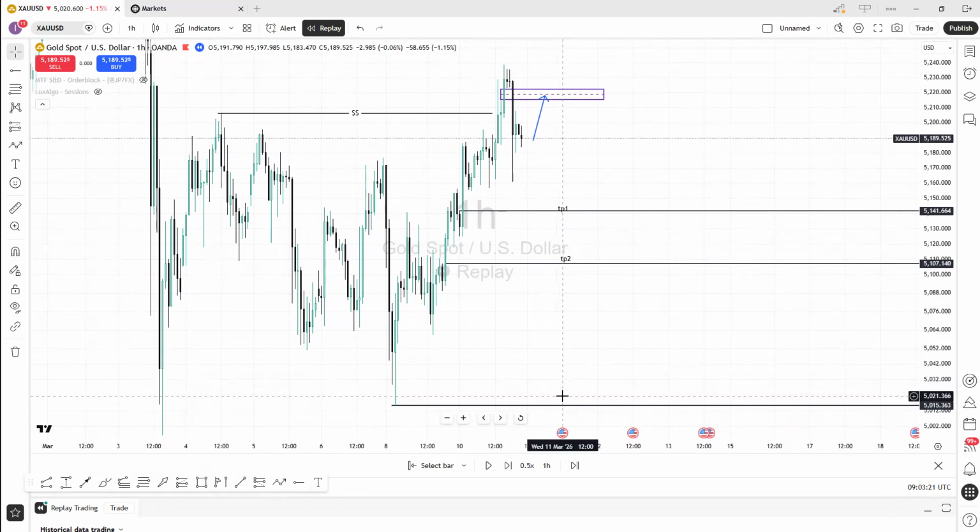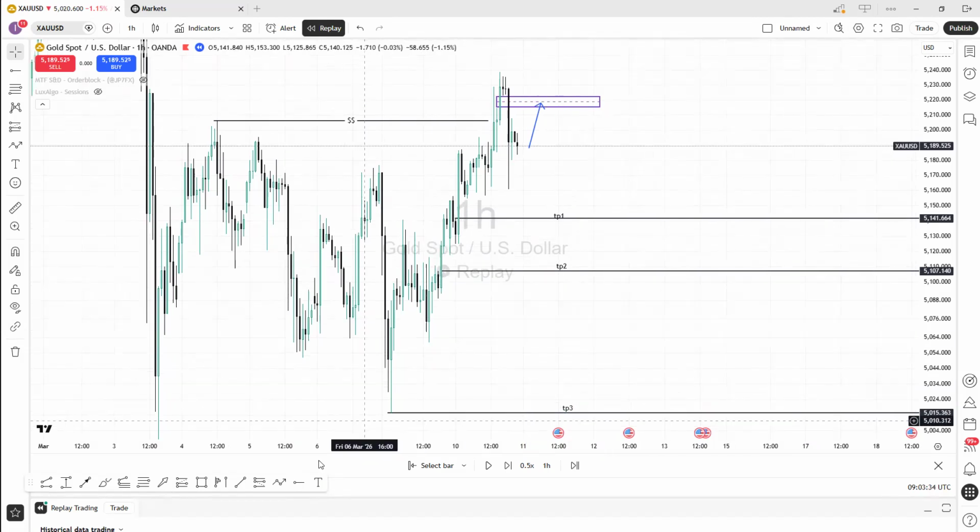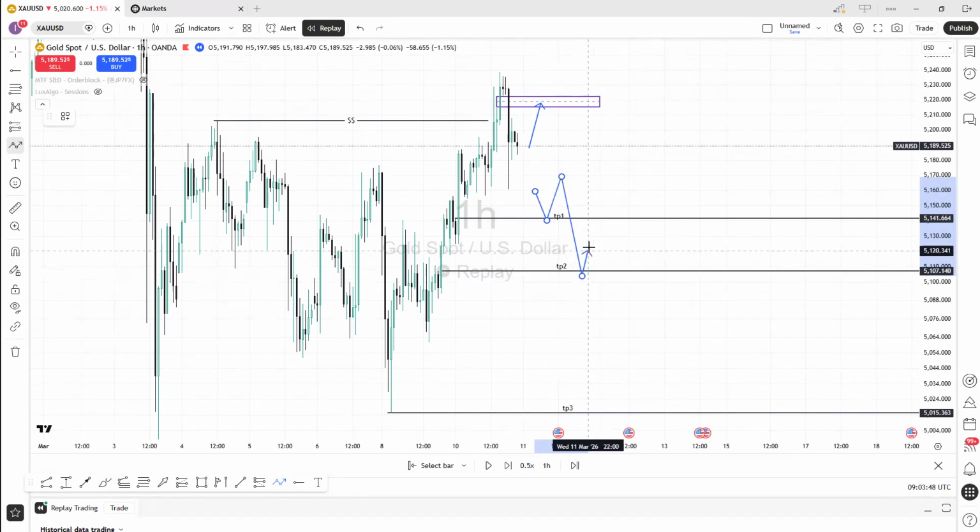So here on that sell side liquidity, the swing low, we'll place our final TP. So expect that when price approaches these areas, it may retrace and then continue. When it reaches this area, it may create a pullback and then continuation.